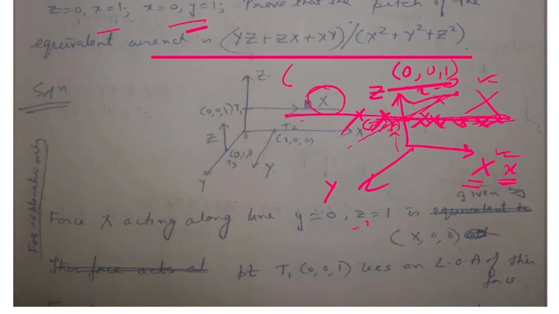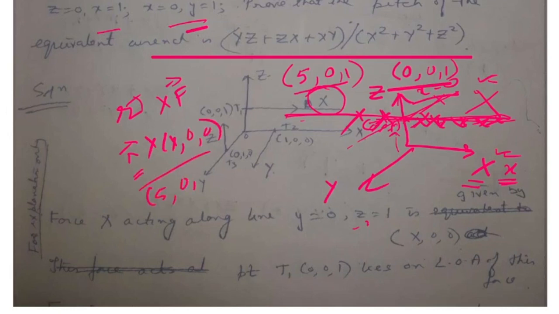Anybody could have taken the point of application to be, for example, 5, 0, 1. But when I compute the moment of this force, I have to take r cross F, that is r cross X, 0, 0, where r would now be 5, 0, 1. So in this cross product I need to carry on with 5, 0, 1 and X, 0, 0.